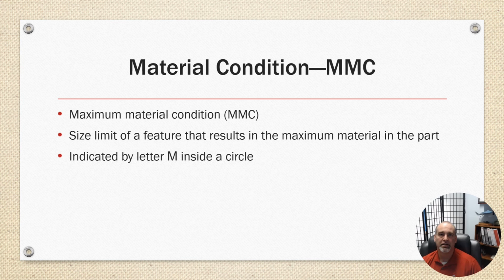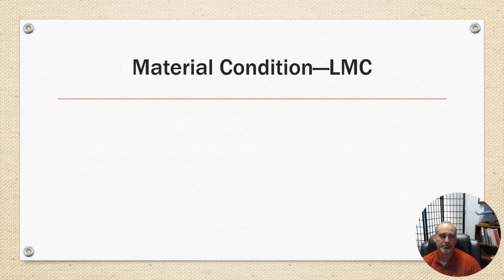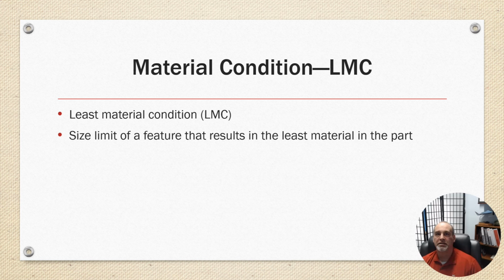And it's indicated by a letter M inside a circle on the geometric frame. Material condition LMC is least material condition, the size limit of the feature that results in the least amount of material in the part, and indicated by the letter L inside a circle on the geometric frame.